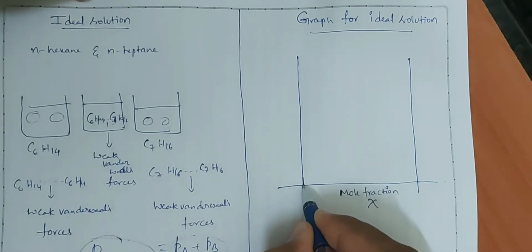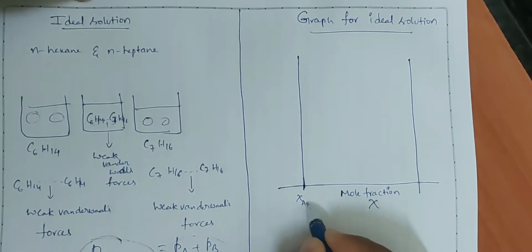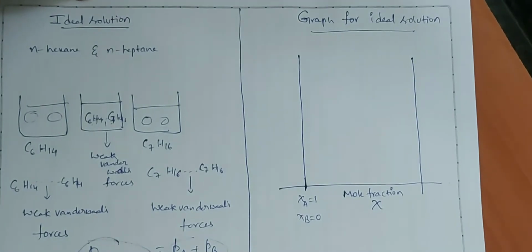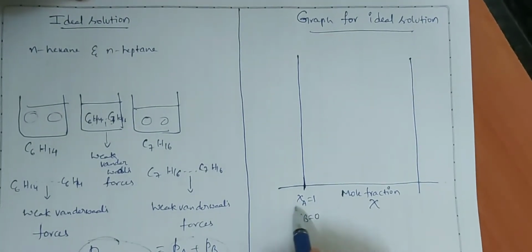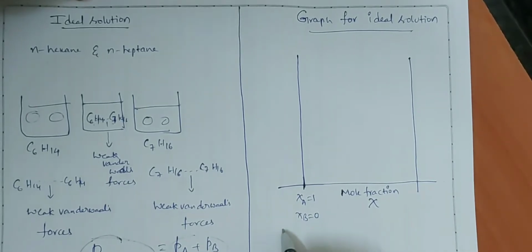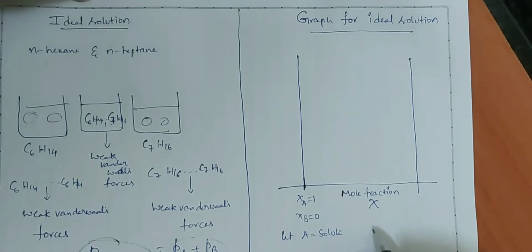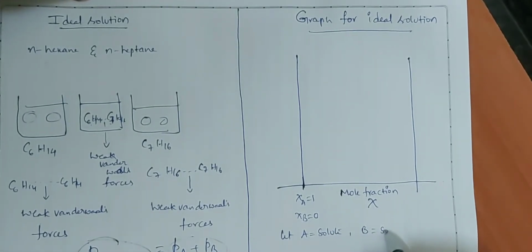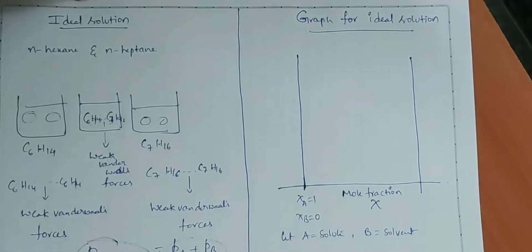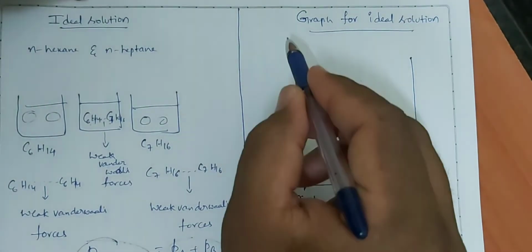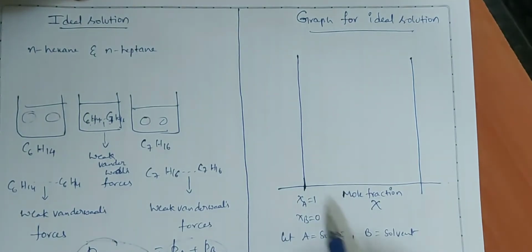At this point chi A is equal to 1, chi B is equal to 0, meaning it is completely pure solute. Let A be the solute and B be the solvent. On the left side, on the x-axis it is mole fraction.